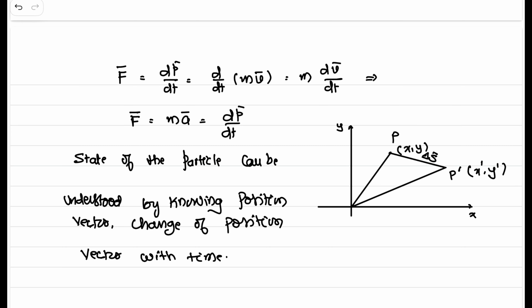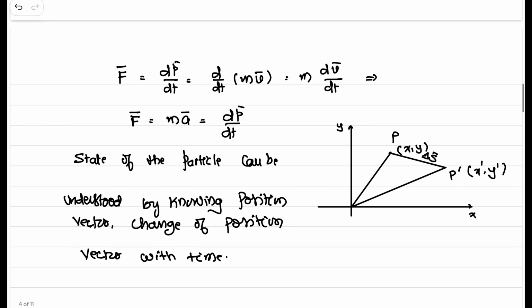For example, if I say a particle is there at point P whose position vector I have given, it doesn't give you any idea where that position vector will be after a point of time t, until and unless I give you the second position vector or the rate of change of position vector. That means the rate of change of position vector and the position vector, these are the two things.